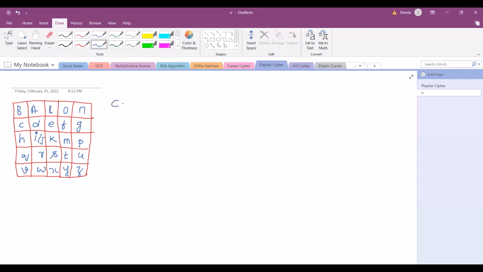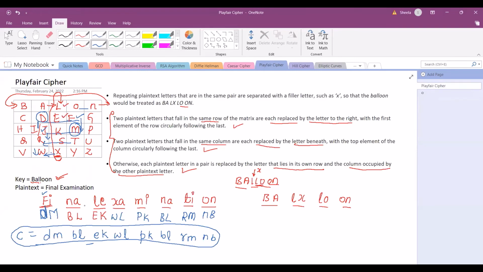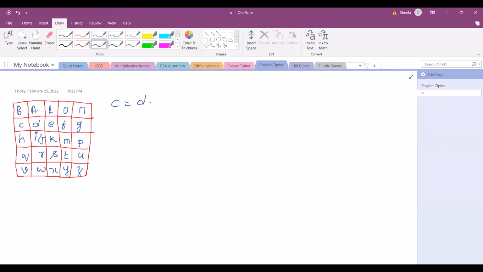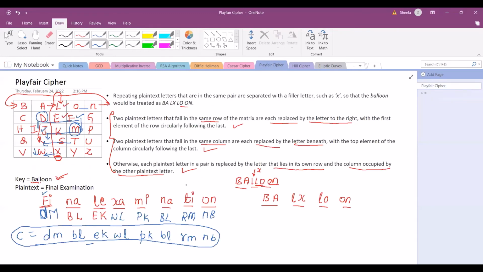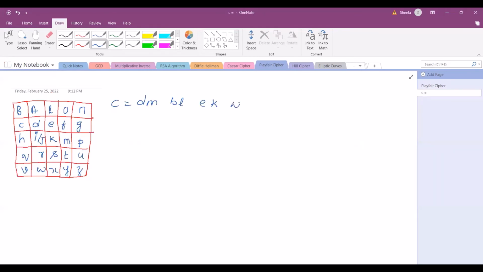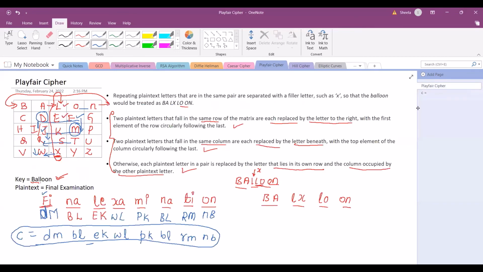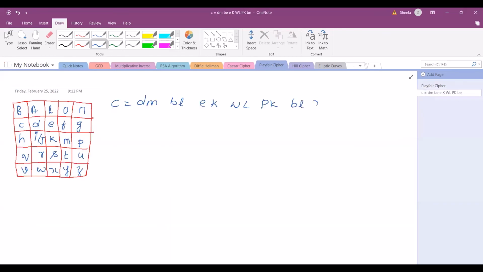And what was the ciphertext we had on the previous page? The ciphertext is DM, BL, EK, and next WL, PK, BL, and next RM and NB.